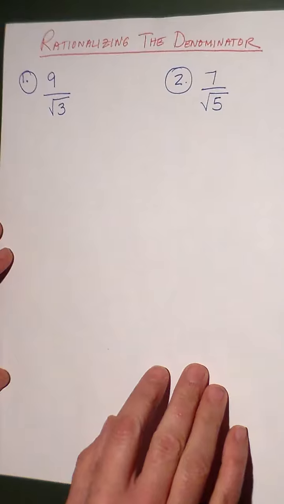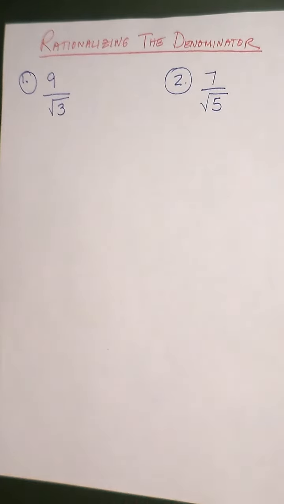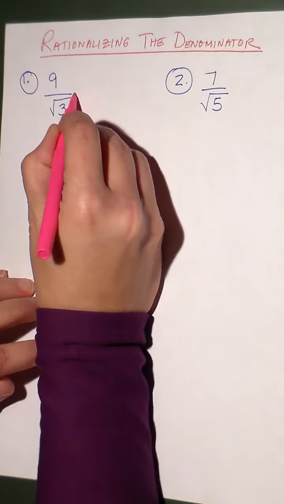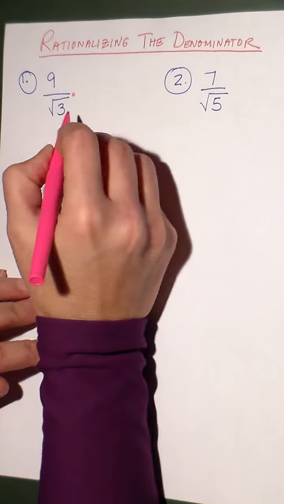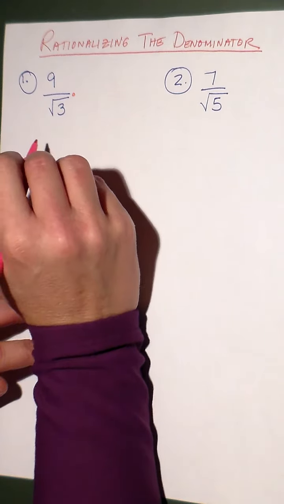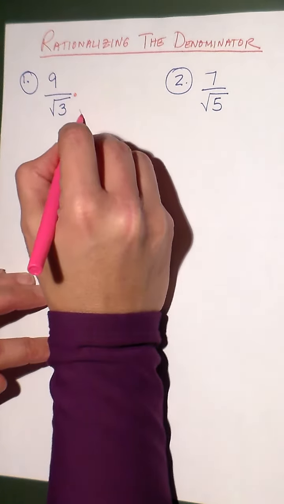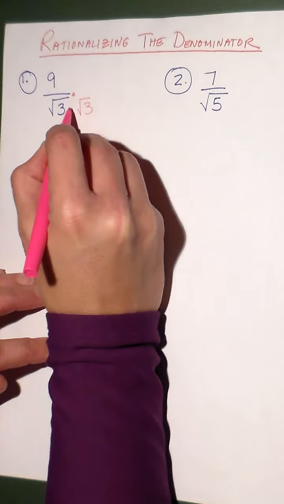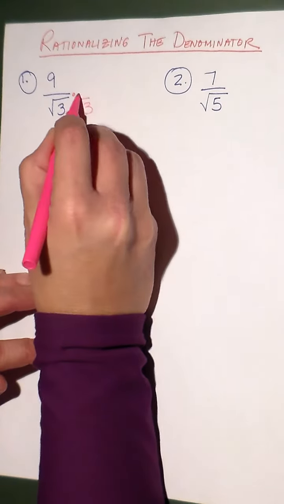The first thing we're going to do to get rid of the square root that's in the denominator is multiply the fraction by the actual radical that's in the denominator. So here I've got square root of 3, so I'm going to multiply that square root of 3 times square root of 3.